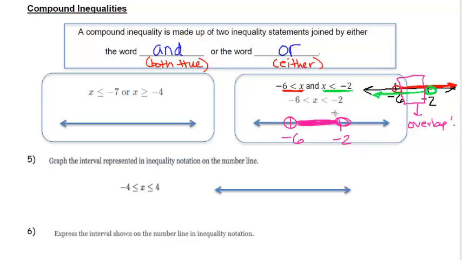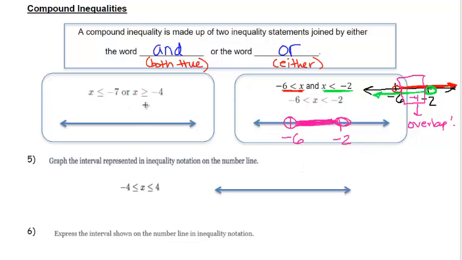What's happening there is that you're picking values that work in both of these inequalities. For instance, -4 is in between those. -4 happens to be bigger than -6, and it's also less than -2. So and is about overlap.